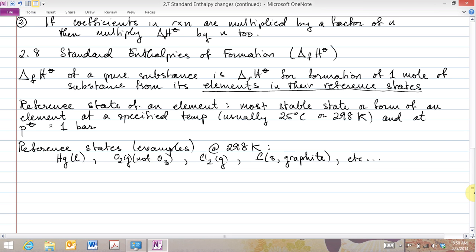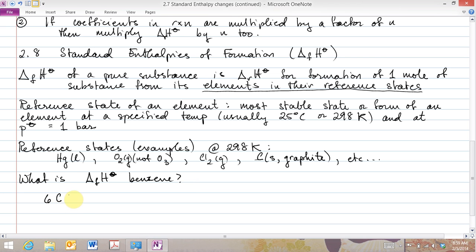Well, let's look at what the standard heat of formation is for benzene. First of all, let's look at what the thermochemical reaction is for benzene. So we are creating benzene from its elements in their most stable state.